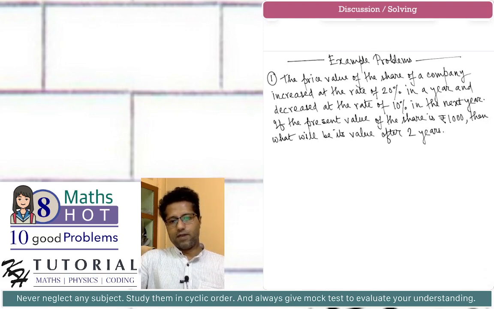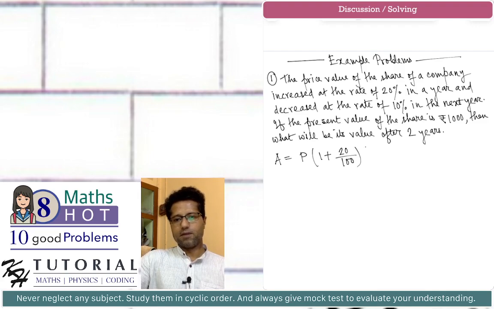So we will have A is equal to, that is the final value, A will be the price value of the share after 2 years, will be equal to the price value of the share currently, that is the present value of the share, multiplied by 1 plus the rate of increase in the first year, which is 20 by 100, and then multiplied by 1 minus the rate of decrease in the next year, that is 10 by 100.